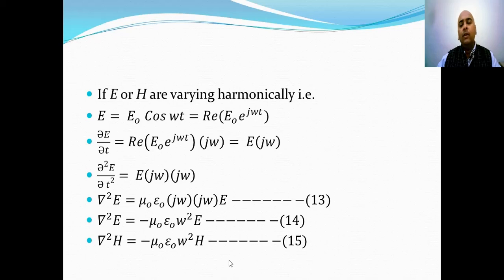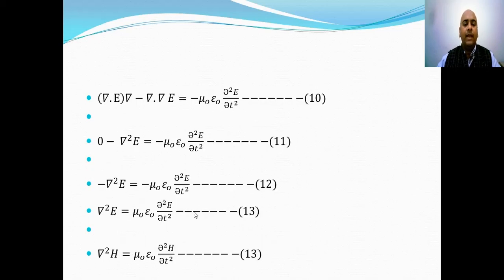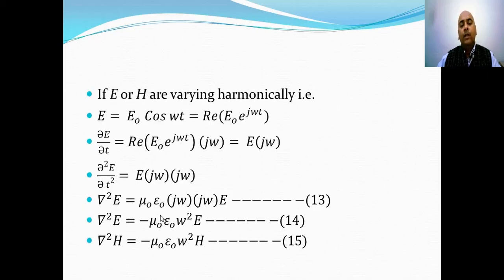Now generally E or H are varying harmonically. Harmonically means that E or H generally vary sinusoidally. So if E and H are varying sinusoidally, we can represent this wave equation in another form. In order to write it in another form, let us suppose E is varying sinusoidally, and it can be expressed as E naught cos omega t.